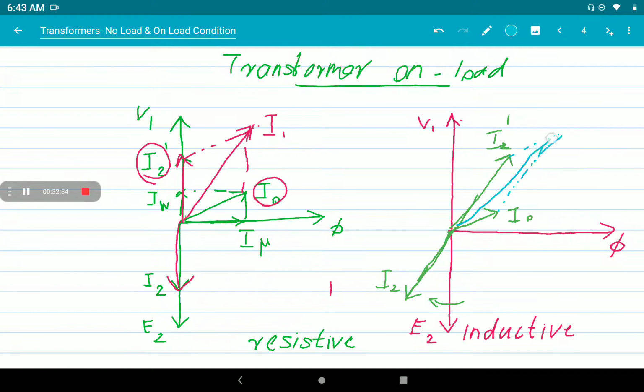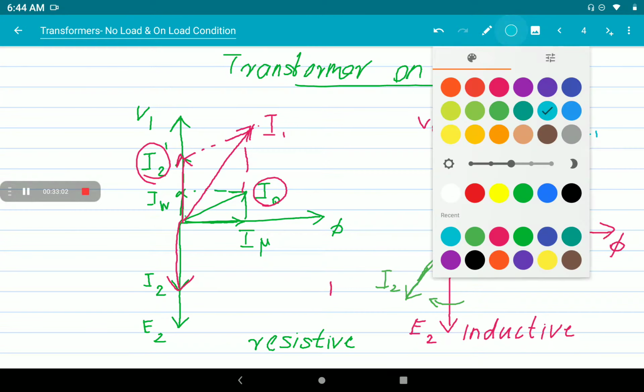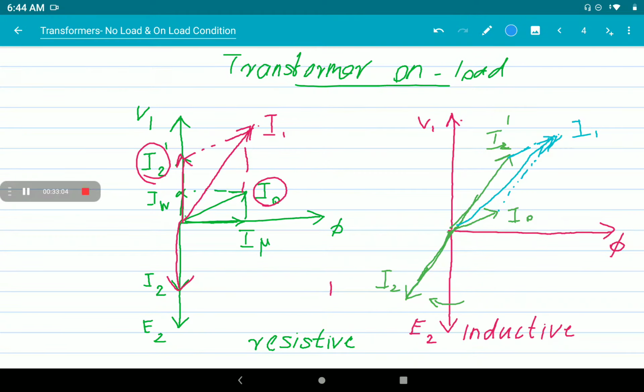The vector sum of these two will give you what? This will be your I1. The total current flowing in the primary winding, I1, is the vector sum of I0 plus I2 dash.